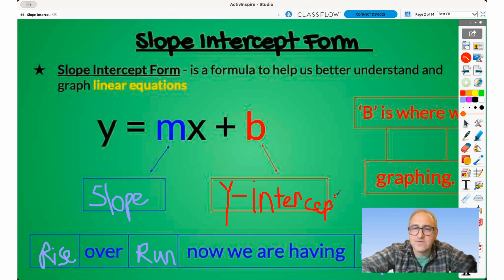So b stands for begin, so here b is where the graph begins. B-E-G-I-N begins.